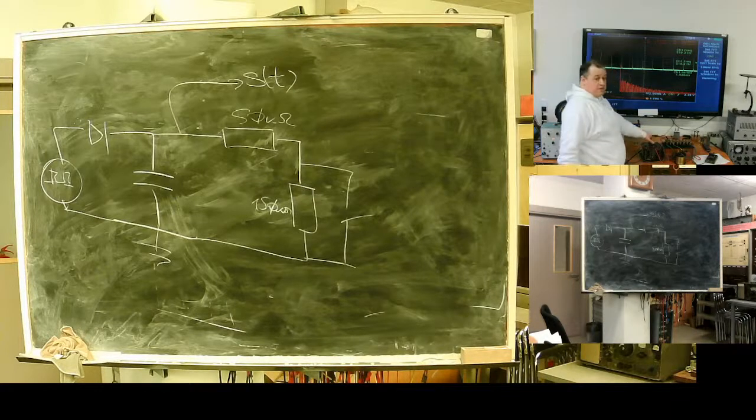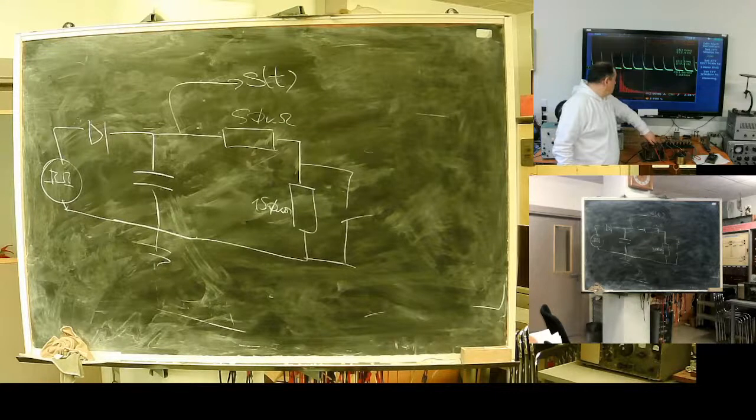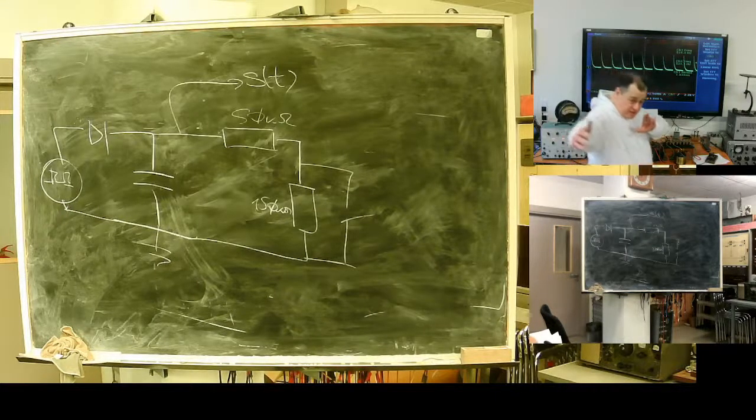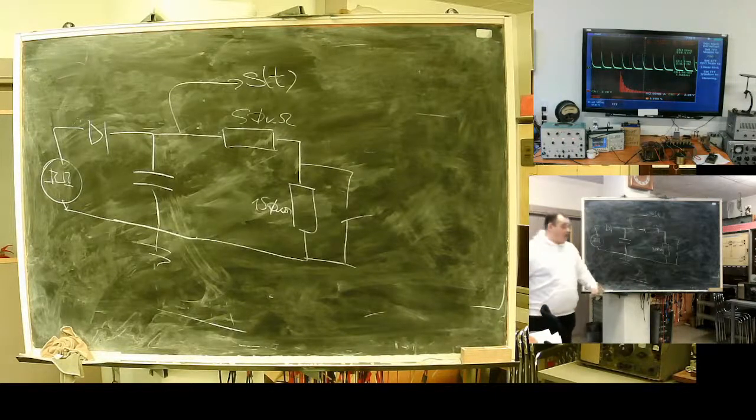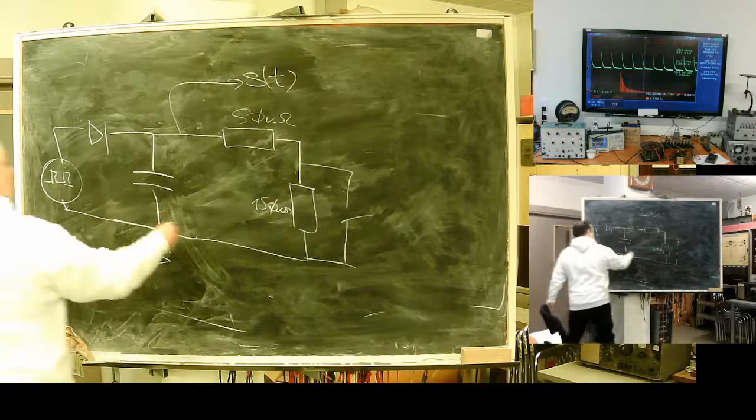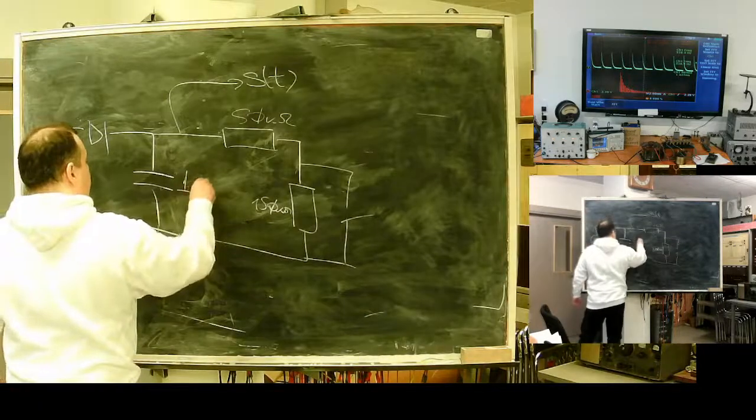Same thing with capacitance. I have changed it 10 times. See how the frequency range broadens. What was the capacitance that you changed? 1 nanofarad. This one. It's adjustable at the full scale.